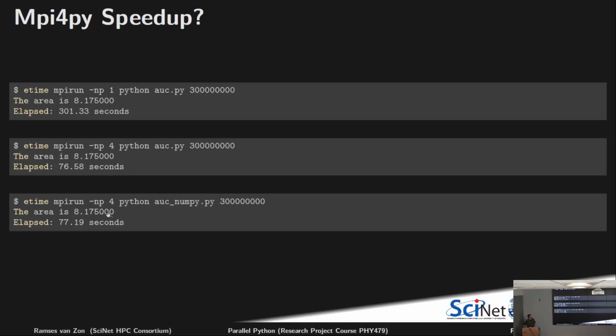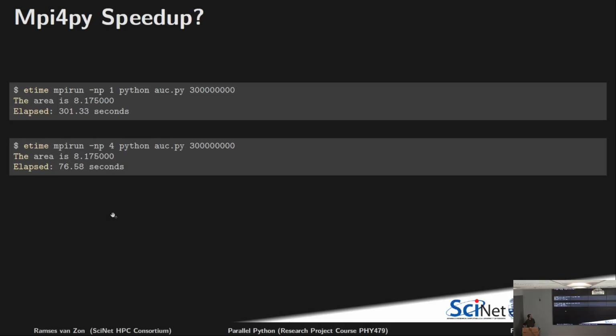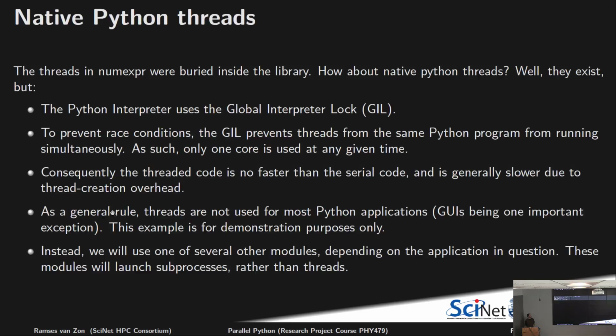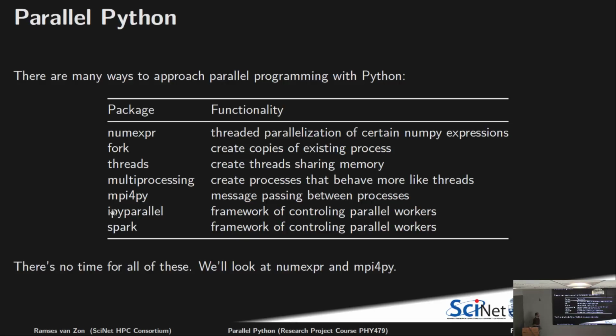There's two versions here, but they do basically the same things. So you can do either this threaded version where you basically use a library, or you can do MPI4Py. There's other possibilities. Some of them are very popular. Spark, for instance, or PySpark, which is a Python version of Spark.